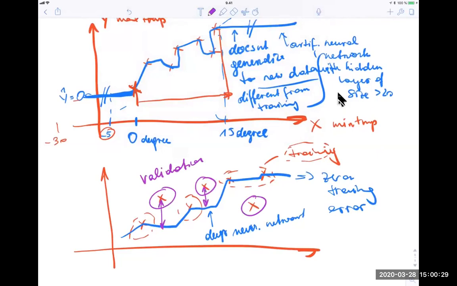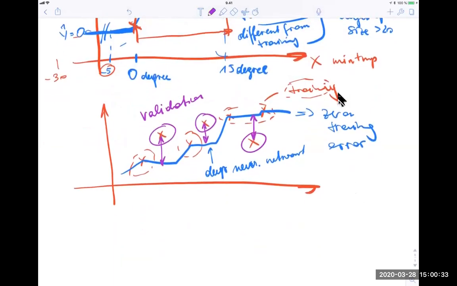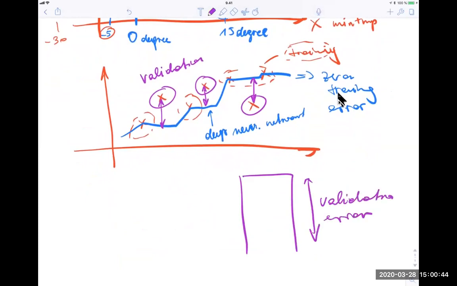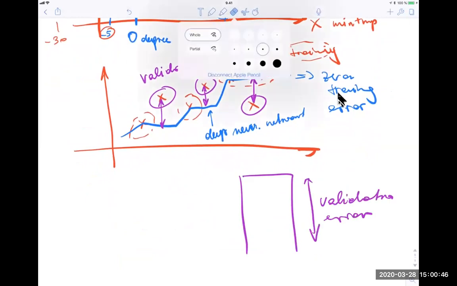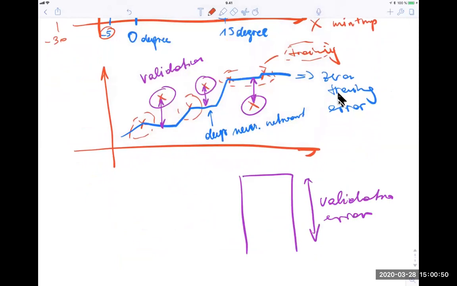So we get a large validation error. So the important thing is always to compare the validation error with the training error. The training error might typically be very small, in this case even 0. So this is the training error.